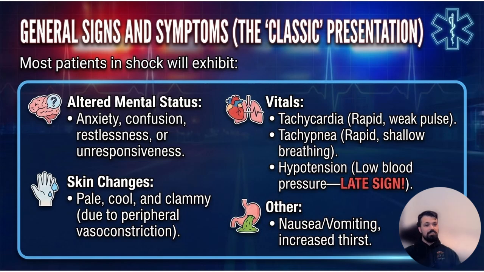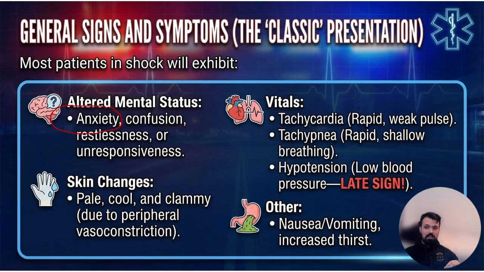Okay, so general signs and symptoms you might see. Most patients will exhibit altered mental status, skin changes, vital signs like tachycardia, tachypnea, rapid or shallow breathing, hypotension. That's the late sign we talked about. The first sign of shock is always, I repeat, per registry standards, the first sign of shock is always altered mental status. Okay, as it shows here.